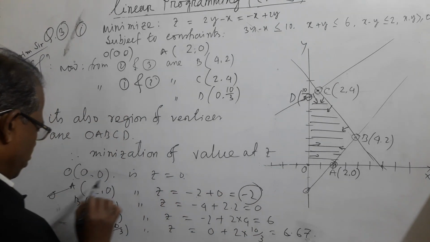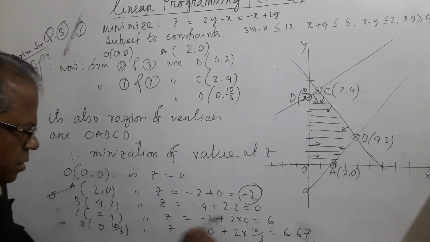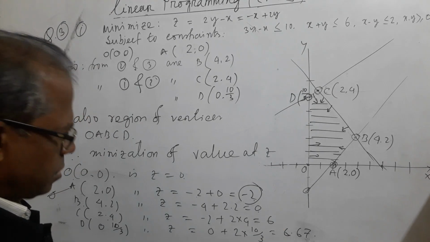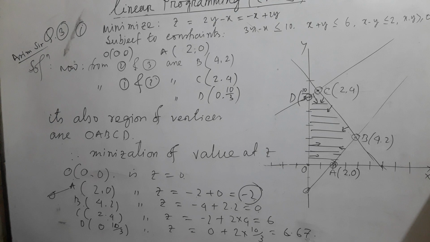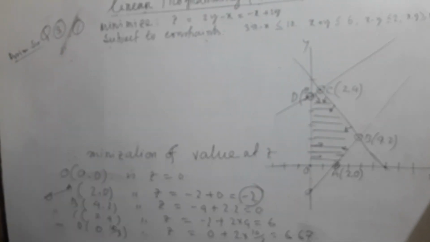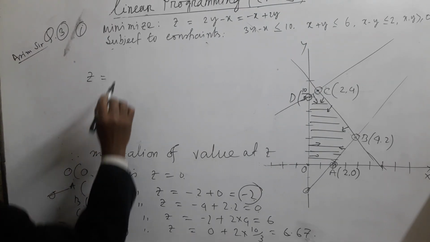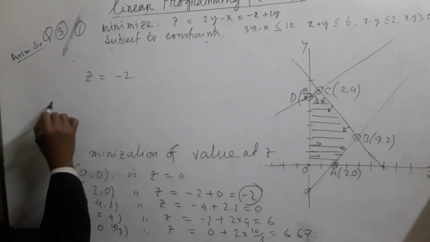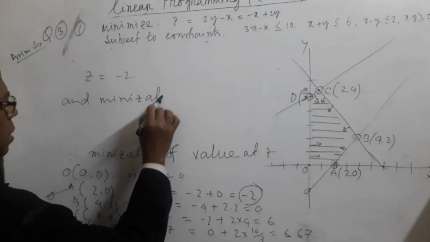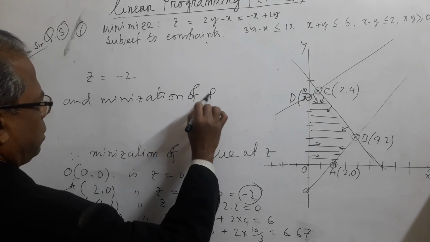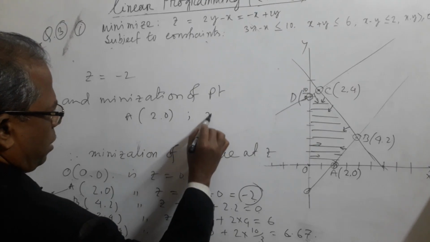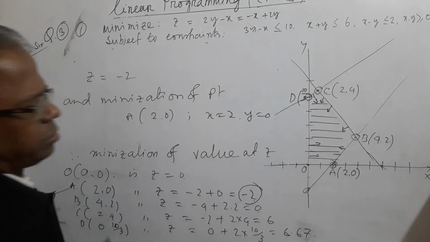The region has vertices O, A, B, C, D, and the values of Z are: at O, 0; at A, minus 2; at B, 0; at C, 6; and at D, 6.67. So the minimum value of Z is minus 2, at point A, 2, 0.